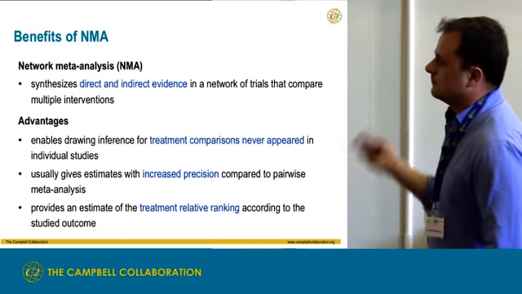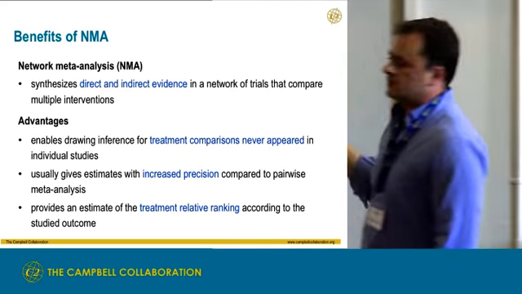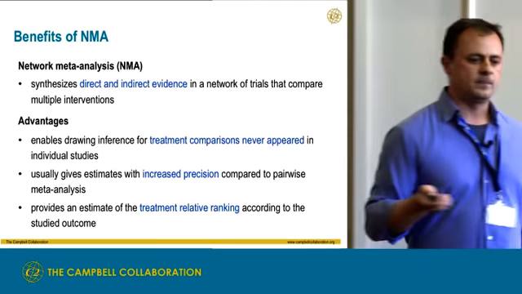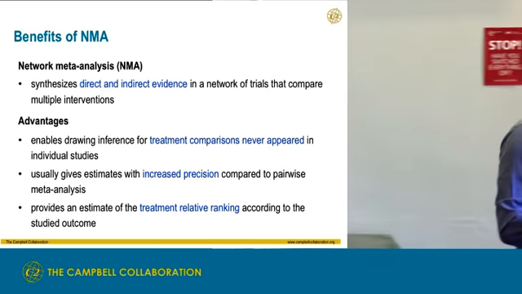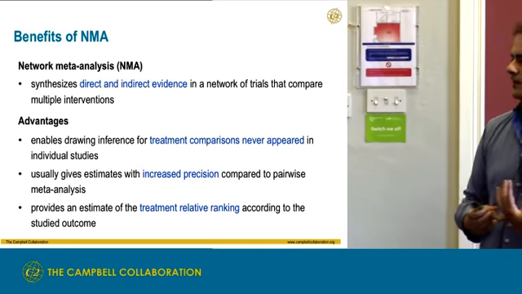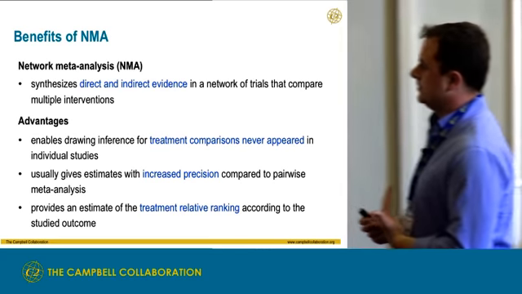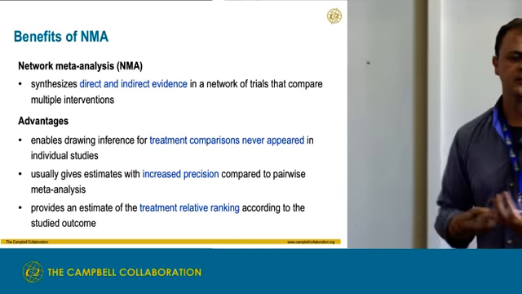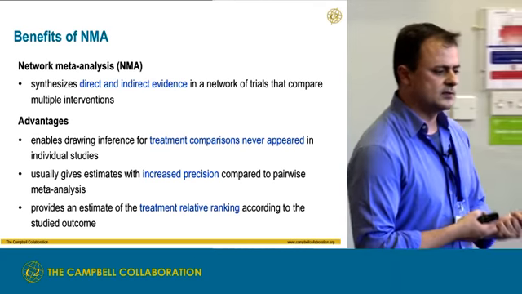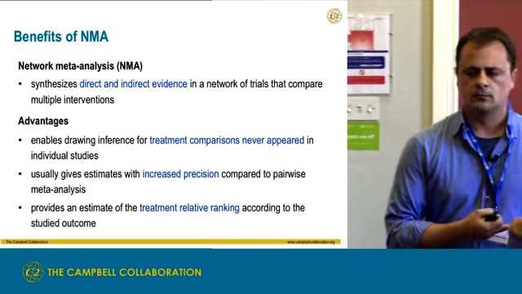Okay, so this is a summary of what I just said. We synthesize direct and indirect evidence, we get a ranking of the interventions, we evaluate the effectiveness of treatments that have never been compared. I can also include in the analysis studies with more than 2 treatments.